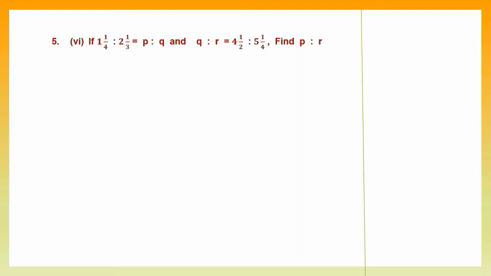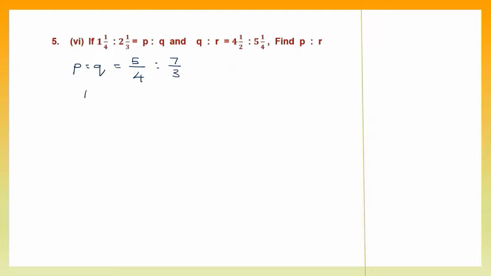Question 6. If 1 1 by 4 is to 2 1 by 3 equals P is to Q and Q is to R equals 4 1 by 2 is to 5 1 by 4, find P is to R. Okay, so let's write it. P is to Q. Let's convert and write. 4 1s are 4 plus 1, 5 by 4 is to 3 2s are 6 plus 1, 7 by 3.